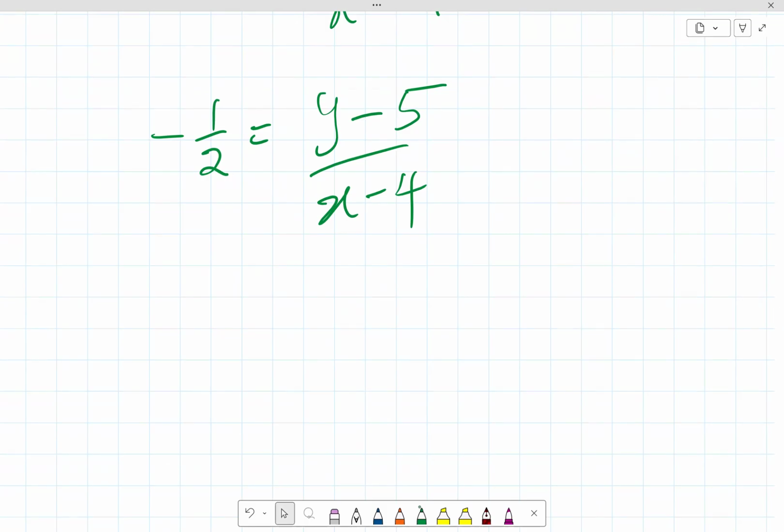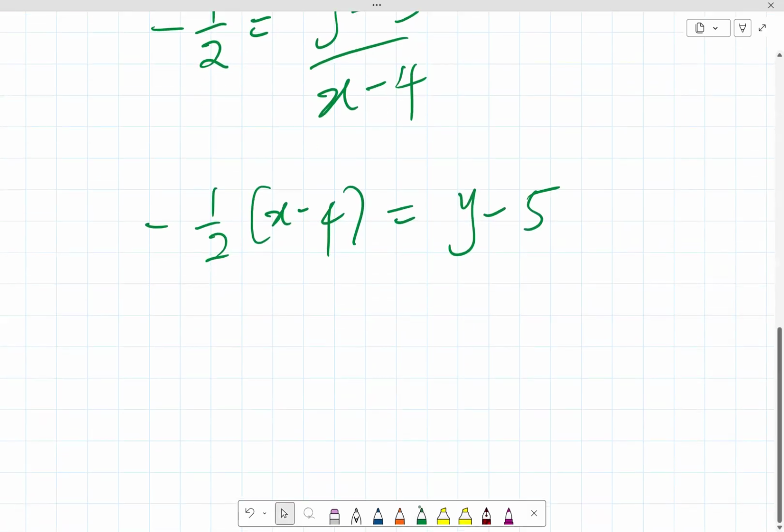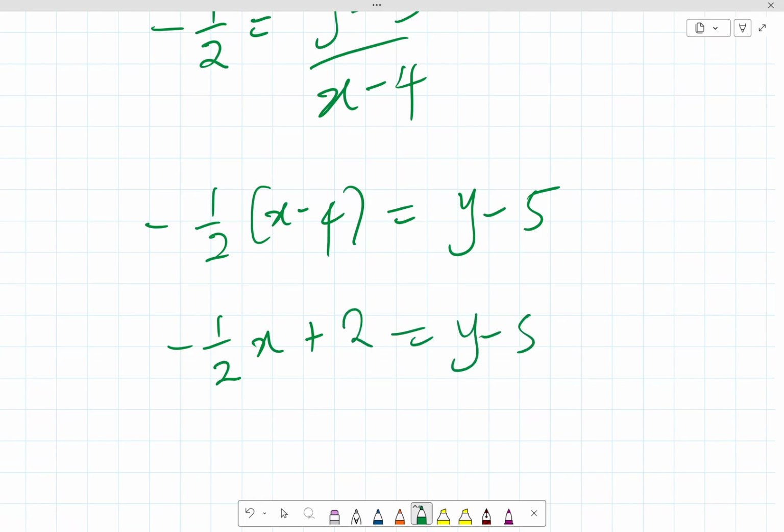Or better still, we can just have minus 1 over 2 into x minus 4, and that is equal to y minus 5. Okay, we can have it this way, and with that now, this is minus 1 over 2x plus, minus and minus is plus 2, like that. And that is y minus 5.